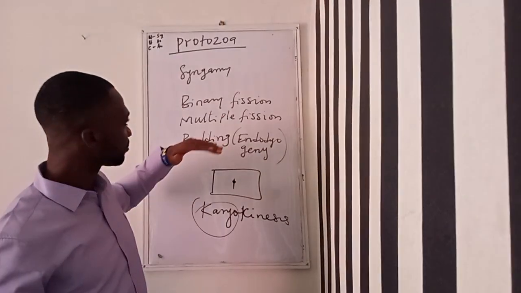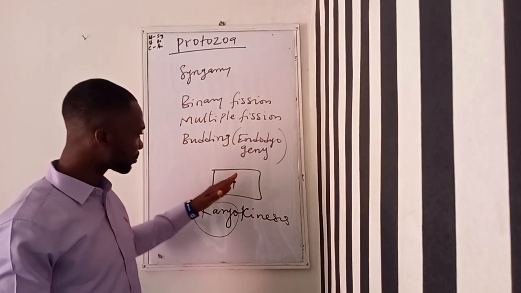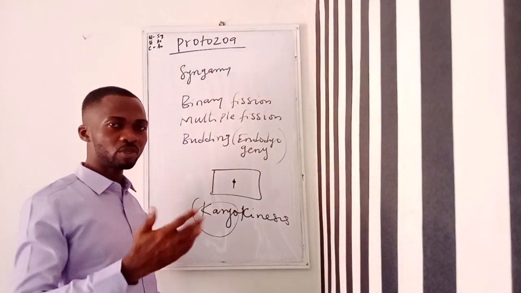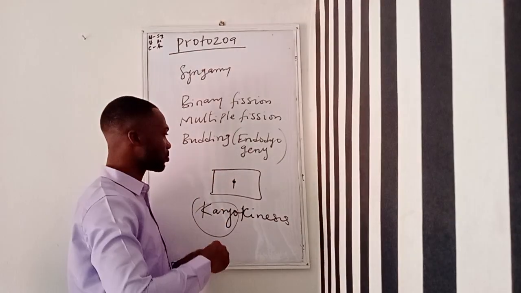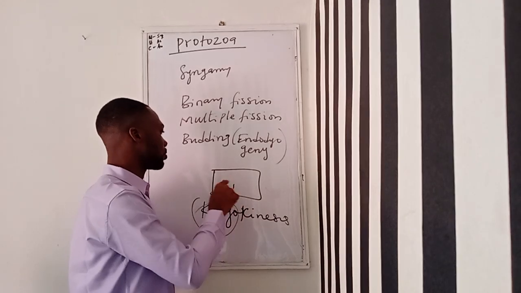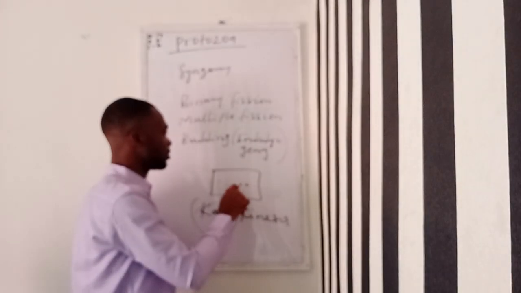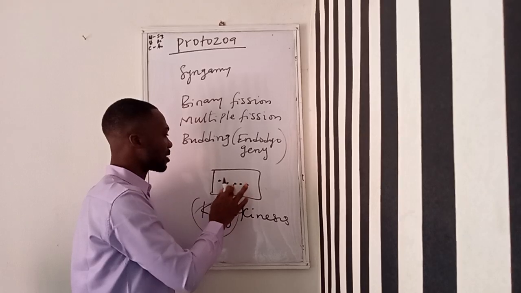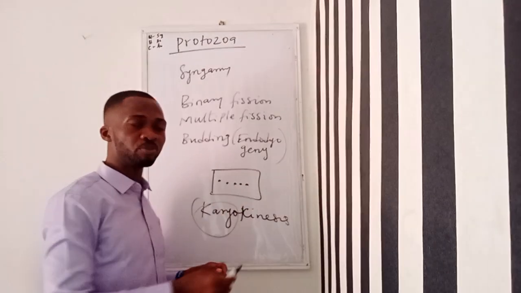But for multiple fission, the nucleus divides into multiple parts instead of two. The number of nuclei will determine the number of cells that will be produced.